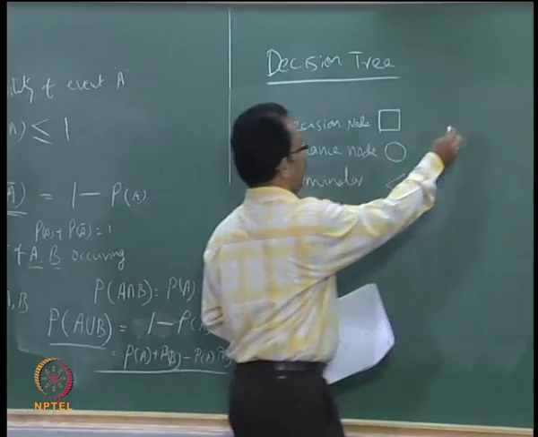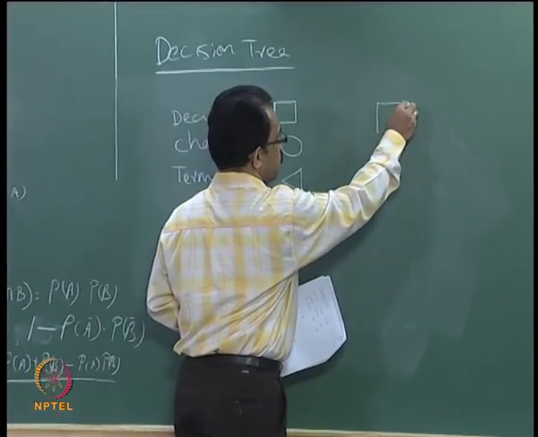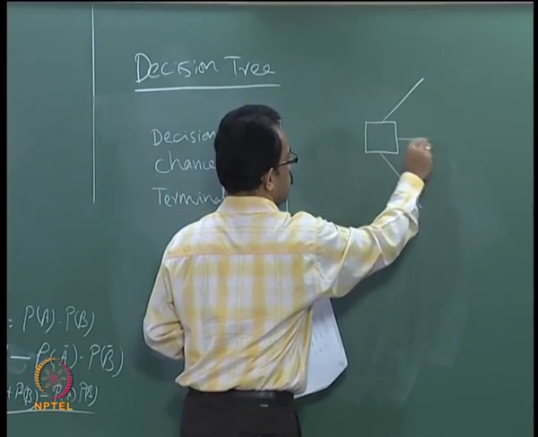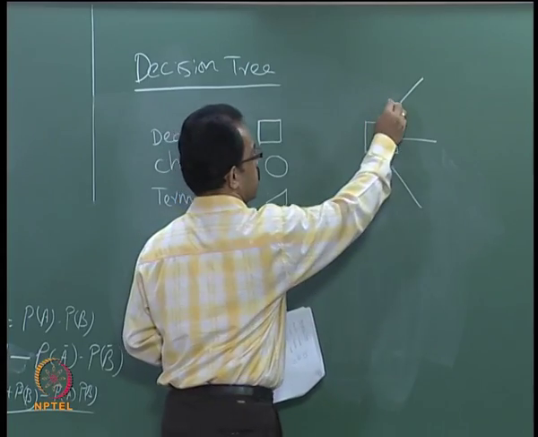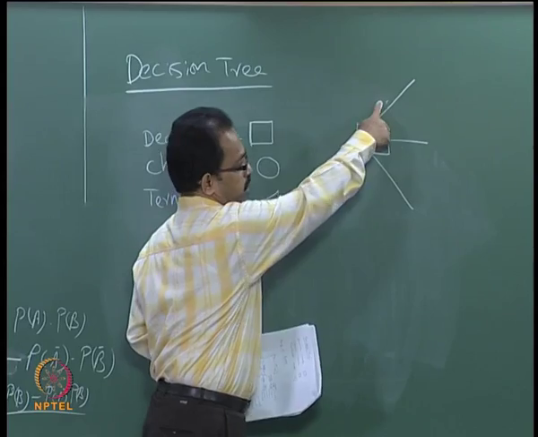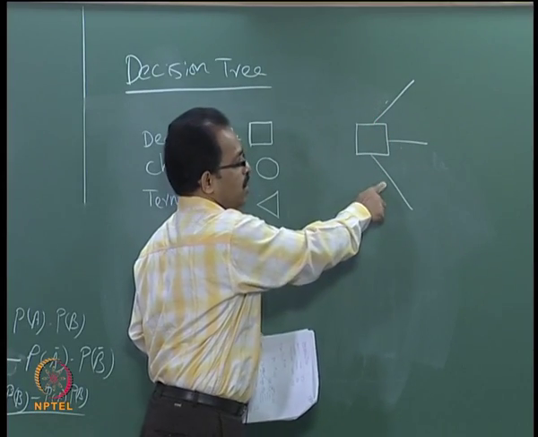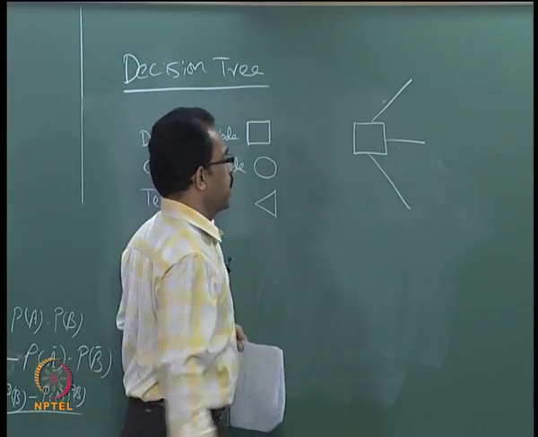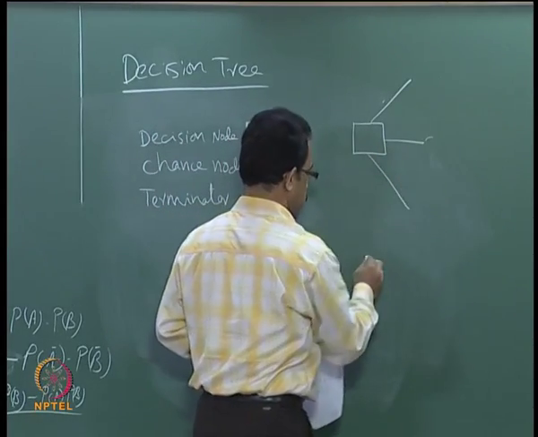Suppose we have to make various decisions, decision 1, decision 2, or the probability of a decision. You have to make a decision, like whether you want to buy the product or manufacture the product. So this shows a decision node, and then you have many choices.